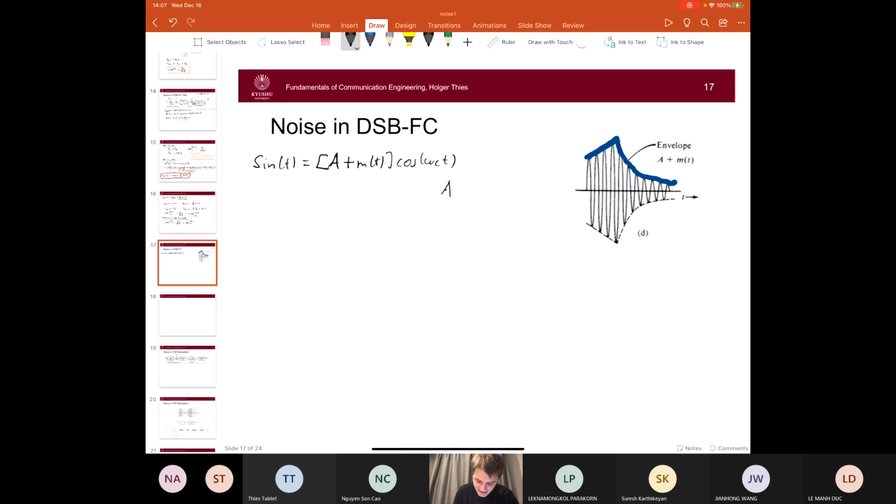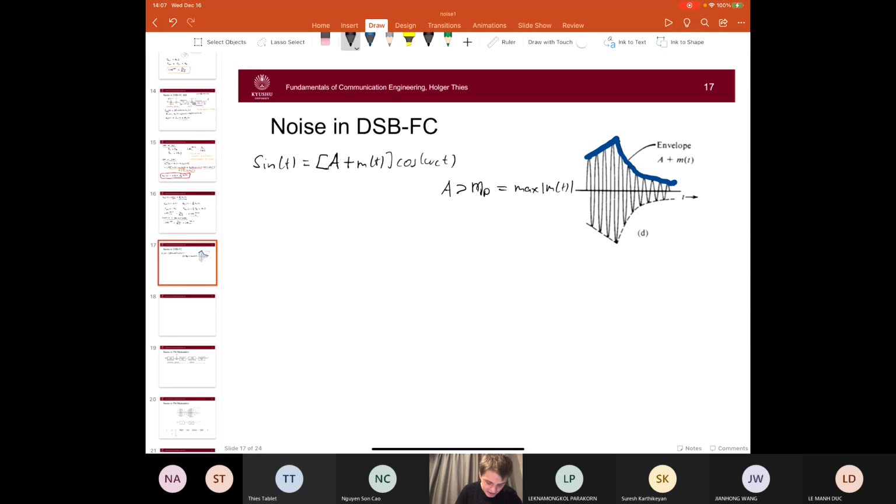The assumption here is that A has to be larger than the peak message signal, which is the maximum of the absolute value of all possible messages that we can send. So this A will always be larger than all possible values that the message signal can take.